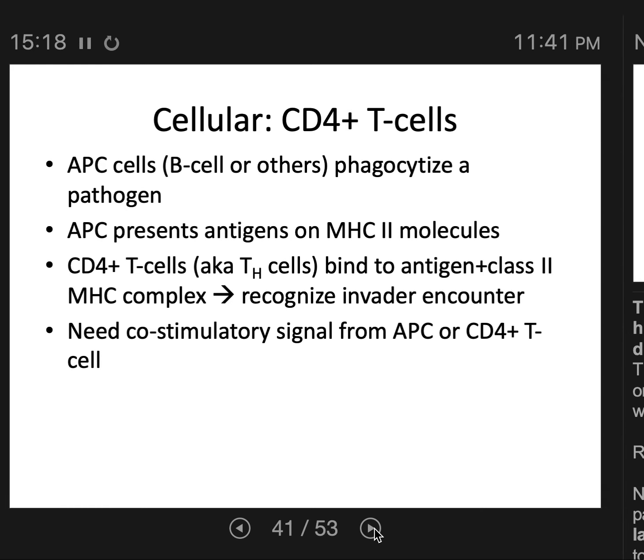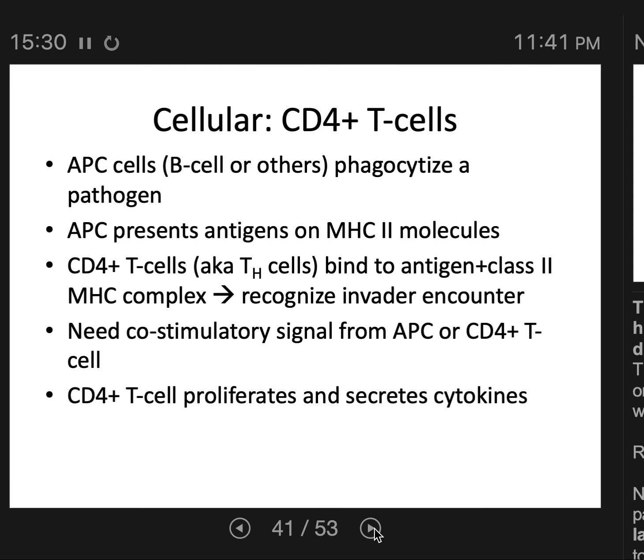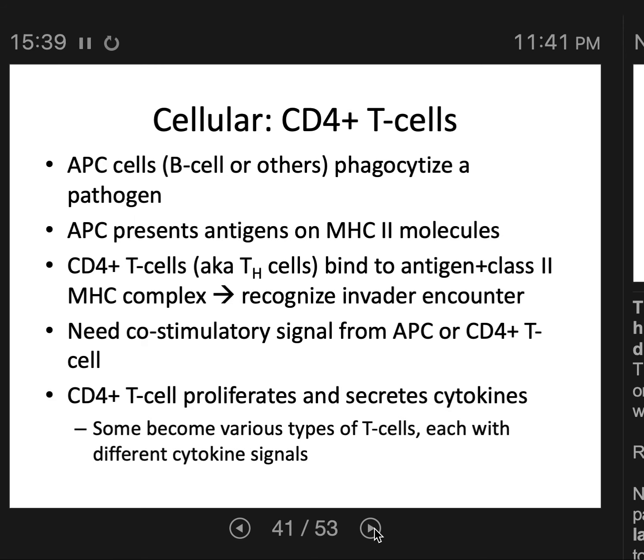So you need a co-stimulatory signal from the antigen presenting cell. So the antigen presenting cell, like the B cell, and the helper T cell will stimulate each other using cytokines. So you get this co-stimulatory action. And that's going to cause the helper T cell to proliferate and to secrete cytokines. So when the helper T cell proliferates, some will become various types of T cells, each with different cytokine signals.